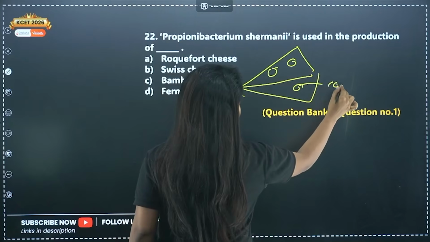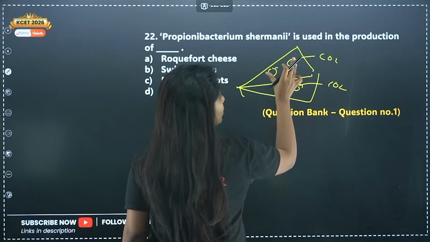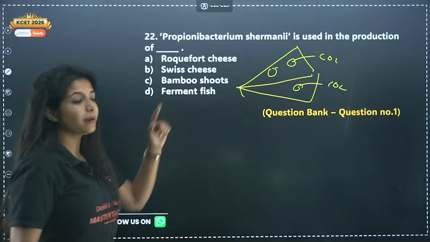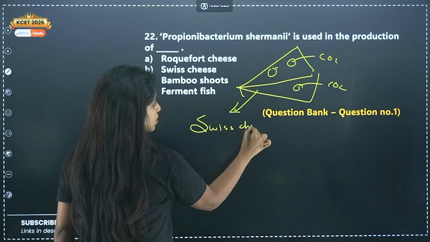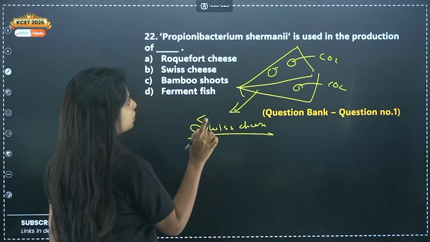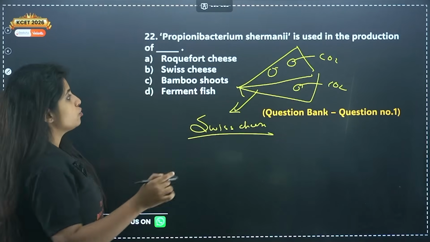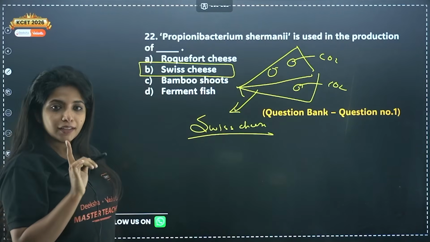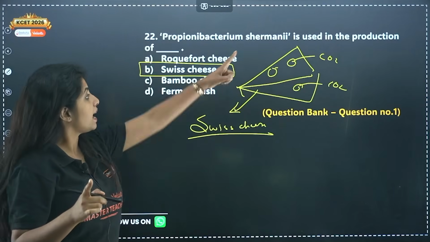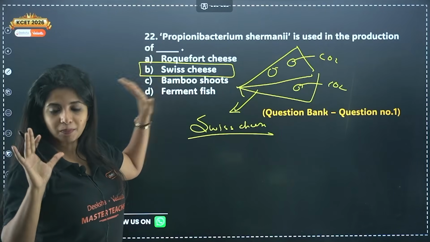And whenever it releases CO2, the cheese gets a hole. This is known as Swiss cheese. Always remember, Propionibacterium shermanii is used for the production of Swiss cheese as it releases CO2. Don't forget. SS, you can remember it like that.